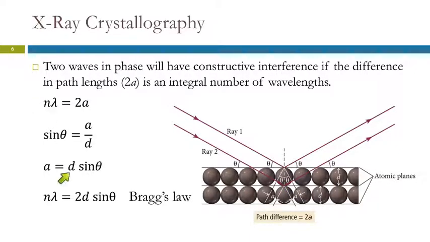So you can do all this fun math, and you end up with n lambda equals 2d sine of theta. That is known as Bragg's law.